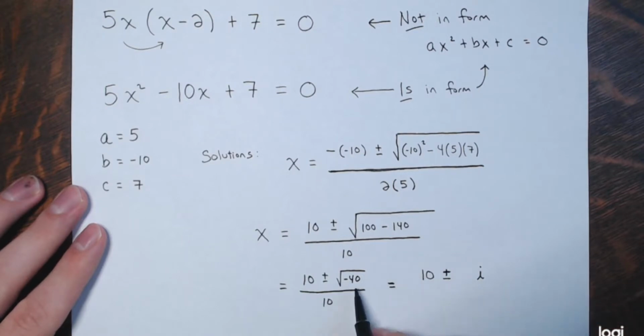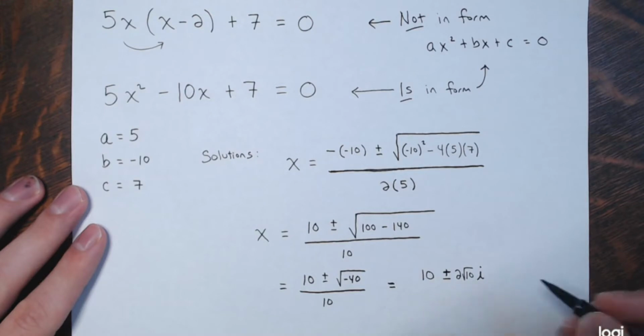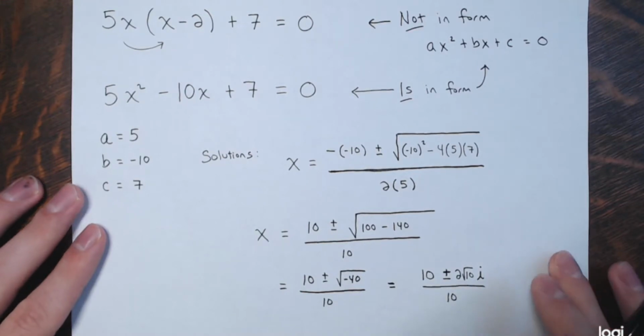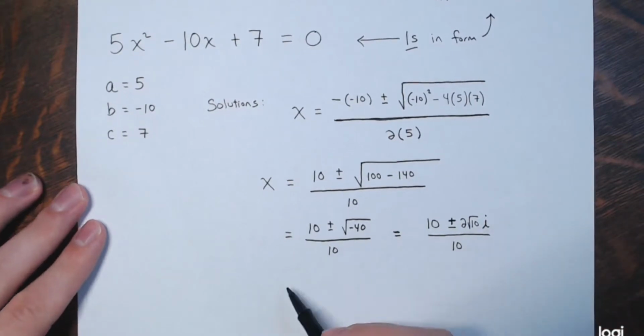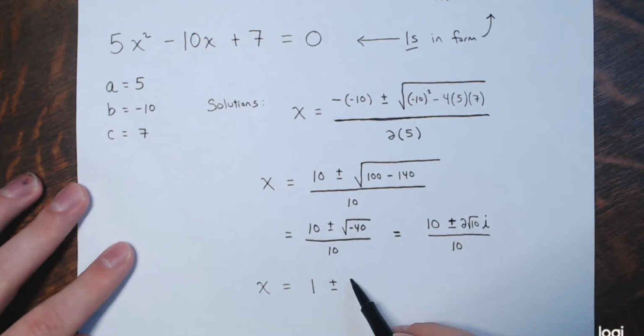And the square root of 40 breaks up to the square root of 4 times the square root of 10, that'd be 2 times the square root of 10 times i. And then each of these terms up top is getting divided by 10. So here are my solutions. 10 divided by 10 is 1 plus or minus 2 square root of 10 divided by 10, 2 goes into 10 5 times, that'd be the square root of 10 divided by 5, times i.